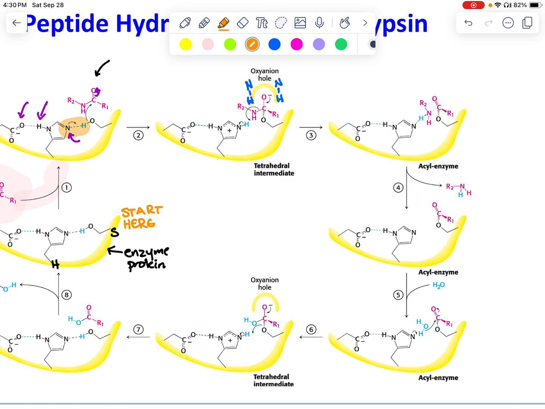Histidine is going to now turn around and act as an acid and give this hydrogen to the nitrogen.